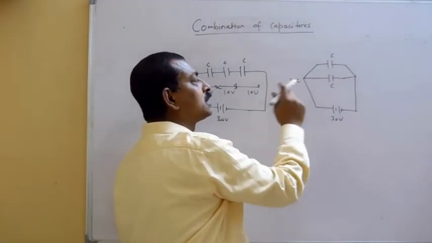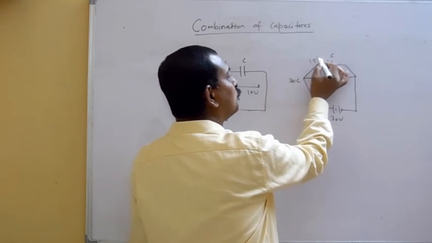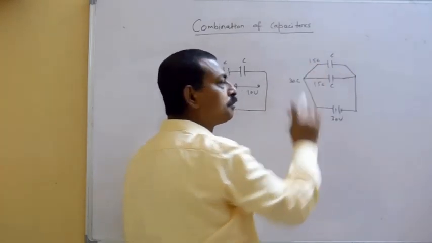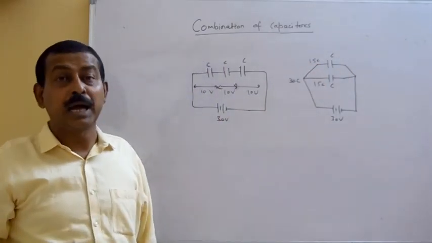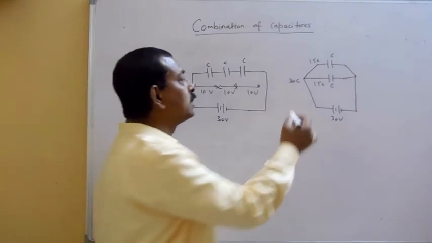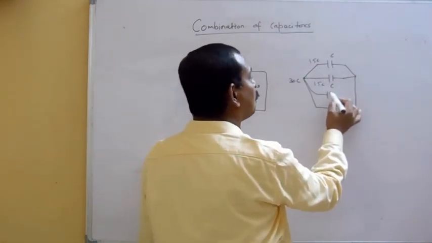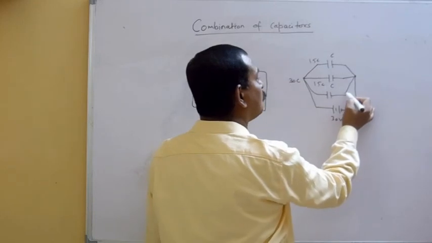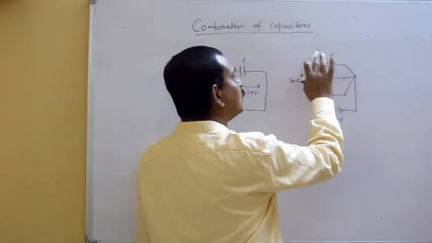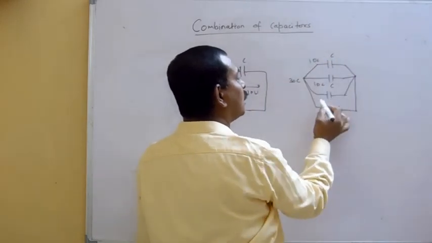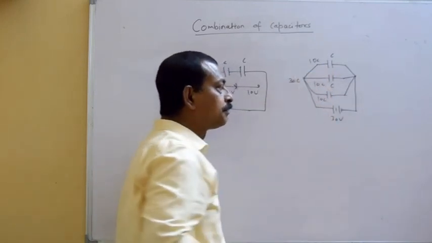Through each capacitor, charge will be how much? 15 coulomb. If I have three capacitors joined here, then it will become 10 coulomb.